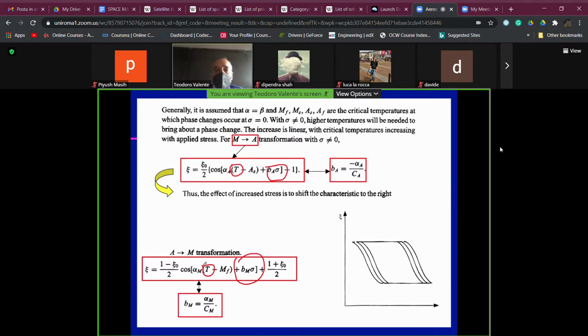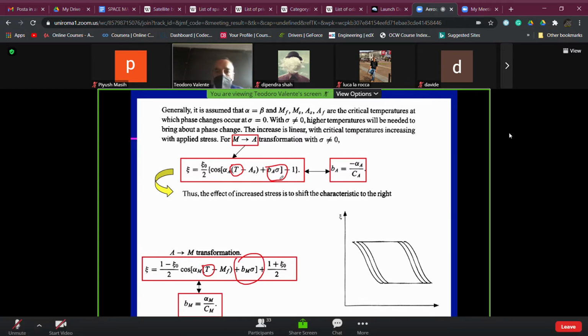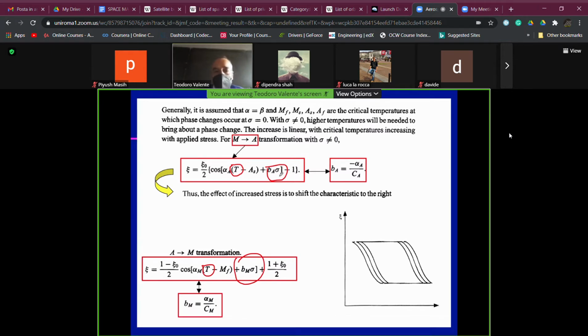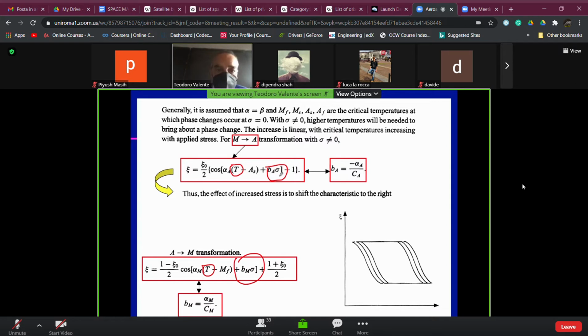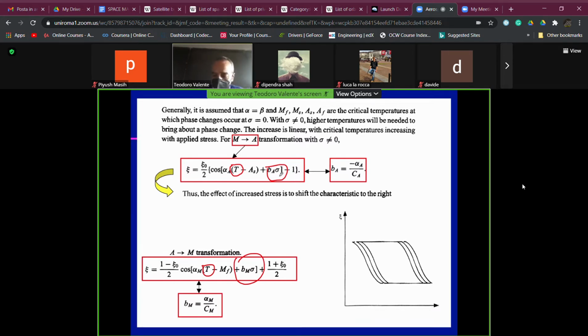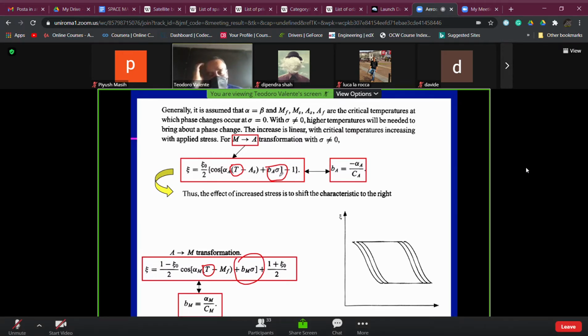That is the variation of the critical temperatures when we apply a stress, with the two linear terms, which are Da multiplied by the stress, or Dm multiplied by the stress, for the first case transformation and for the second case transformation.